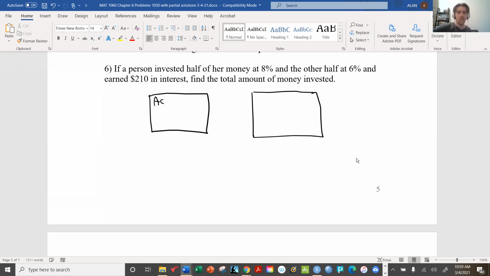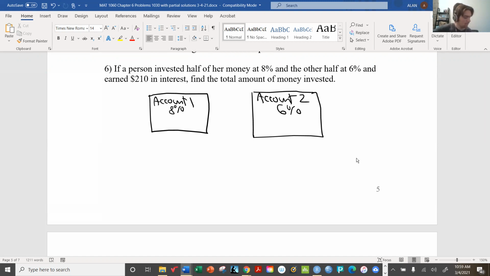Here's account one that pays 8%. Here's account two, which pays 6%. So the question is, how much money did you put in each one?